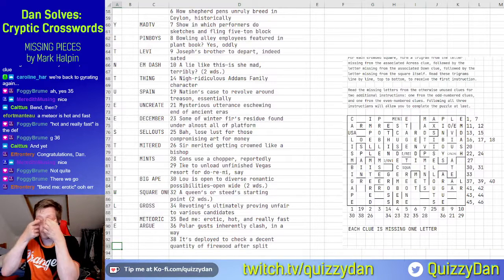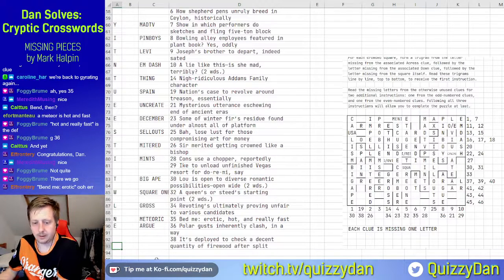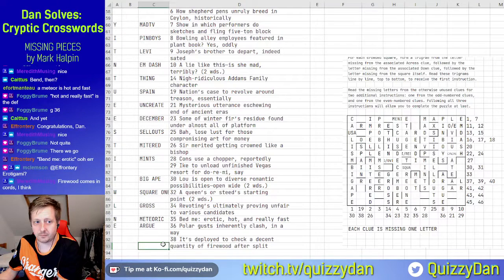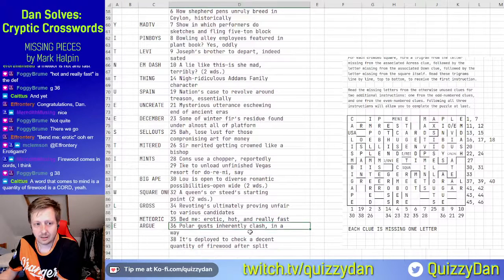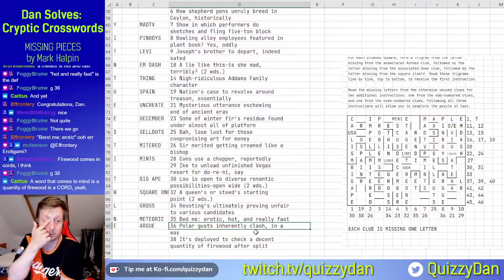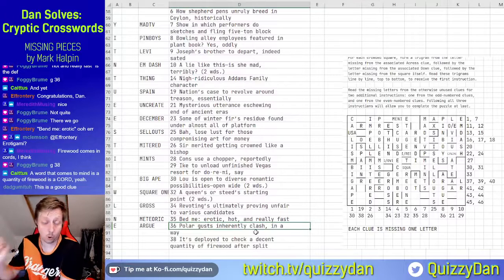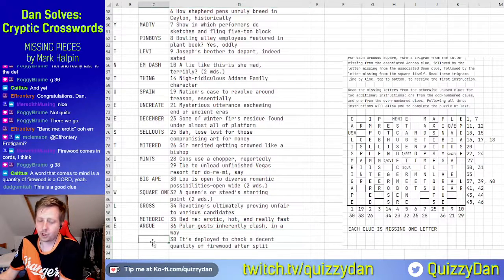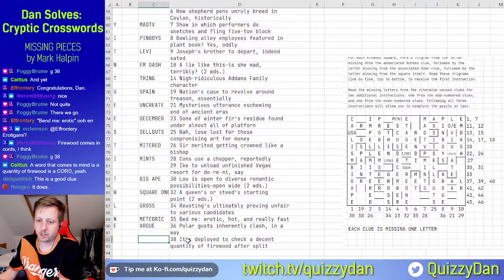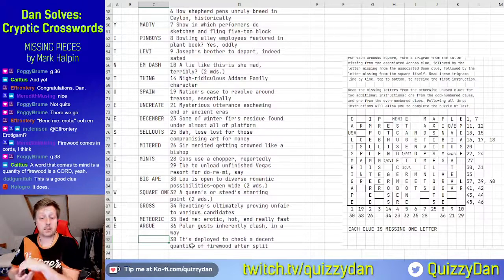Oh, itchy eyelids, but 2 itchy eyelids. Firewood comes in cords, does it? A word that comes to mind when a quantity of firewood is a cord. Okay, so it's something with cord in the middle of it then.